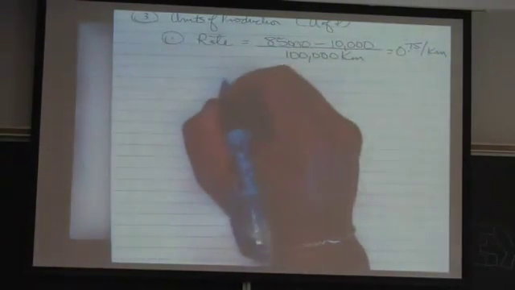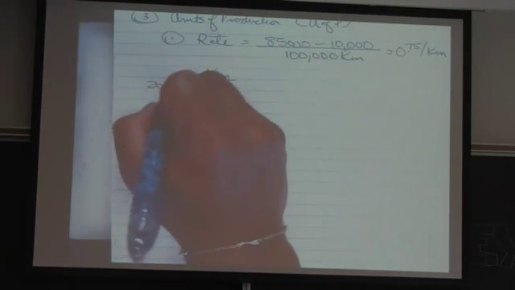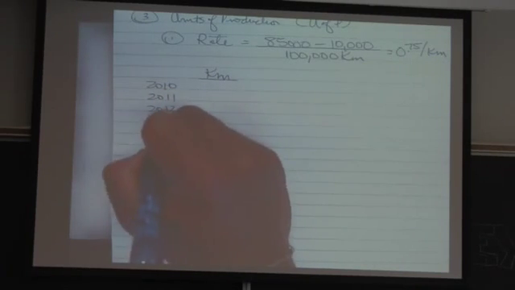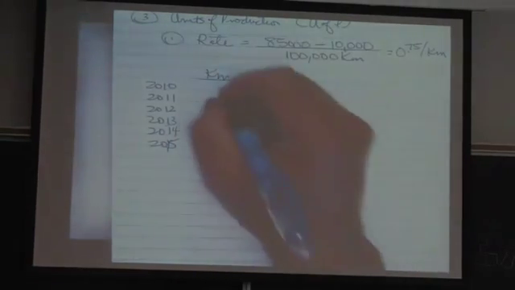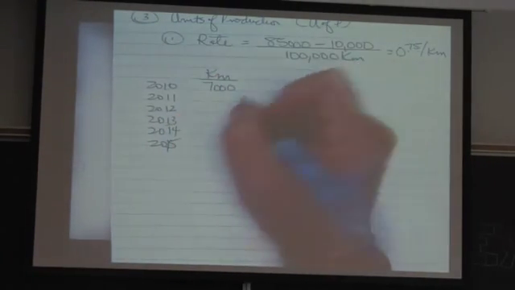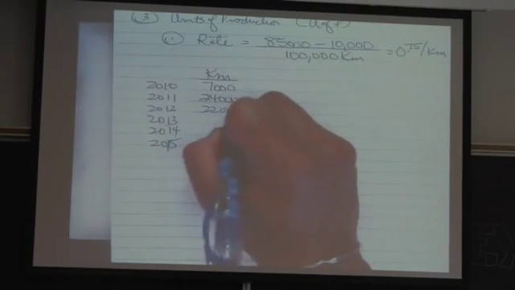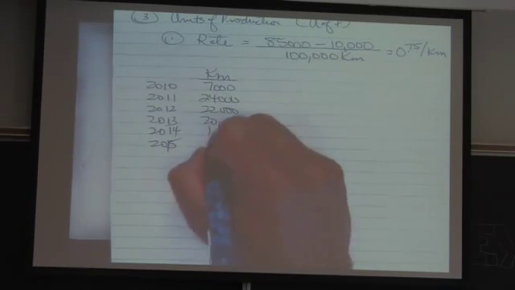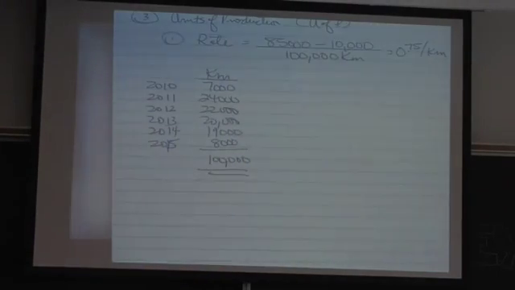So, to do the units of production, we're going to track the number of kilometers used for 2010, 2011, 12, 13, 14, and 15. So let's just write down what's given to us. This is the total number of kilometers.